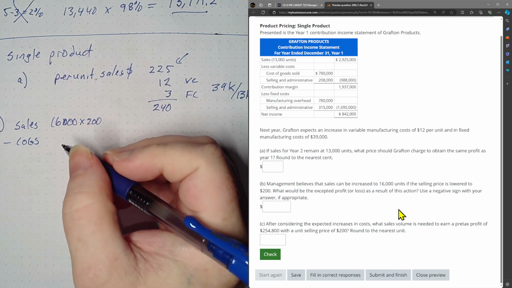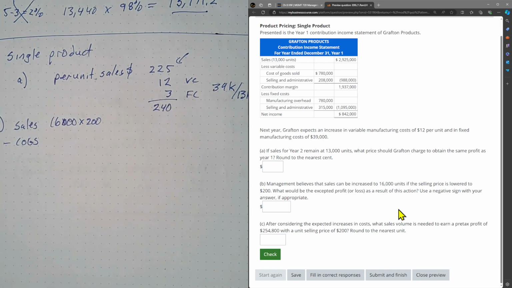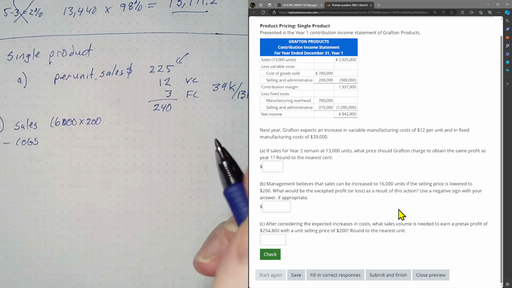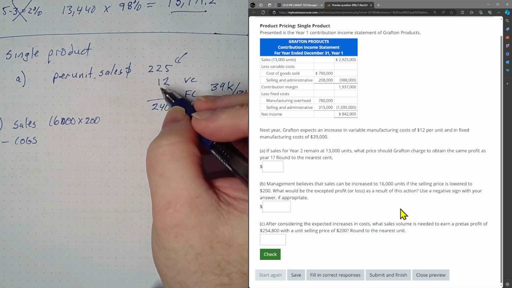And the cost of goods sold, if we take the existing amount, 780,000 divided by 13,000, was 60, right? So it was 60, but it's now, remember, we have to include these.